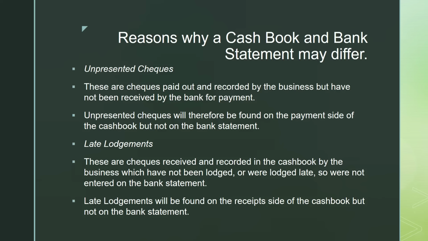And that could cause a difference. Right? Those are the two differences that would cause something to be in the cash book, but not in the bank statement. Now we're going to look at things that would be in the bank statement, but not in the cash book. So the opposite.